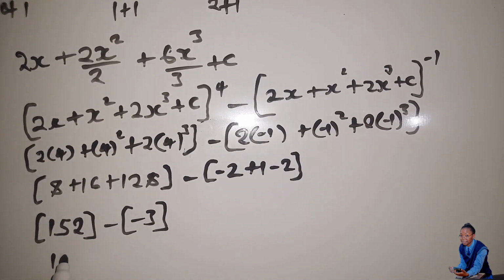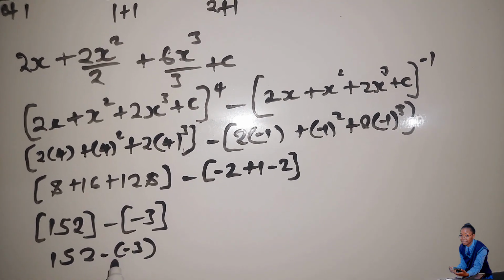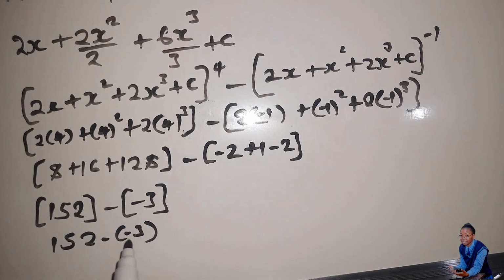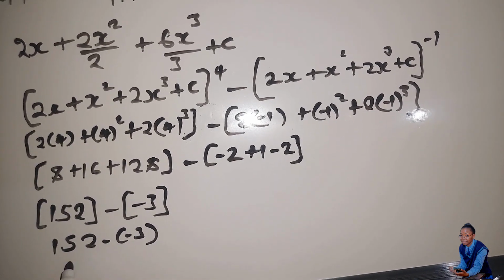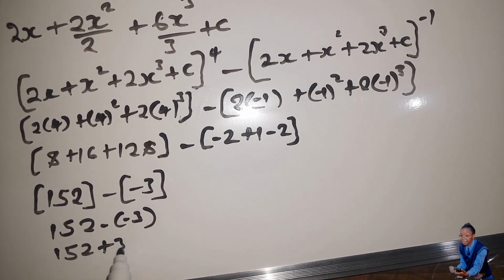So you have 152 minus negative 3. Negative times negative is positive, so this is just 152 plus 3.